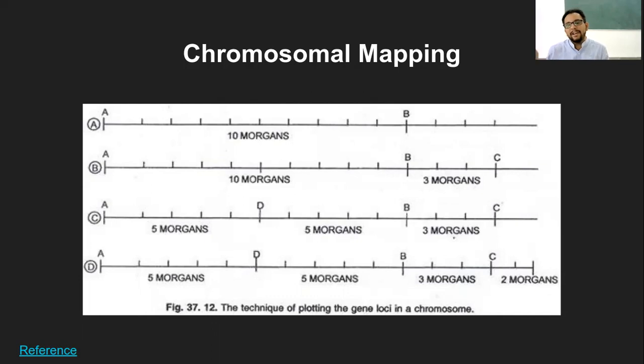We can still calculate it because in some other meiotic division, in some other generation, they will undergo recombination. Just in one particular time, they don't.